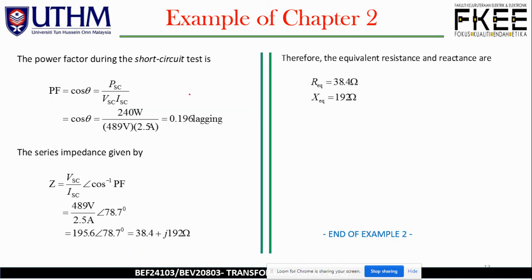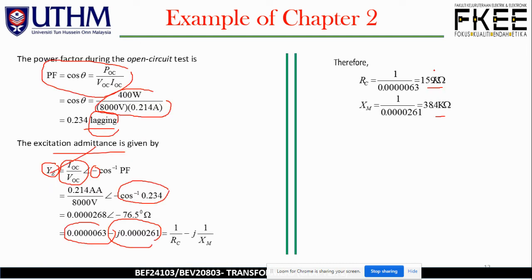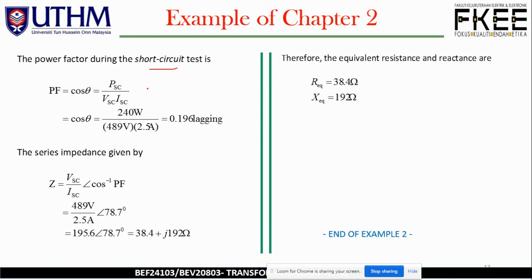So how about the short circuit test? Okay, from here we know that for the open circuit test, we are able to figure out the values of RC and XM. And then for the short circuit test, we have cos theta equals PSC over VSC times ISC. So again, substitute all the values provided in the question, especially the table. So 240 for the watt, the V as well as the I. So 0.196 lagging.